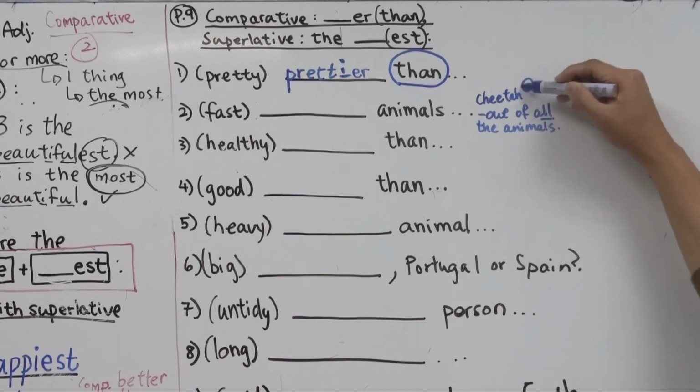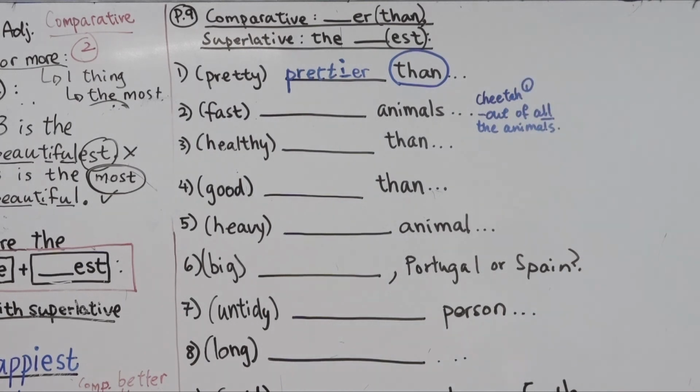Just one animal. We're talking about one animal out of all the animals we can talk about. So it's similar to page 8. So how can we know what to use here?